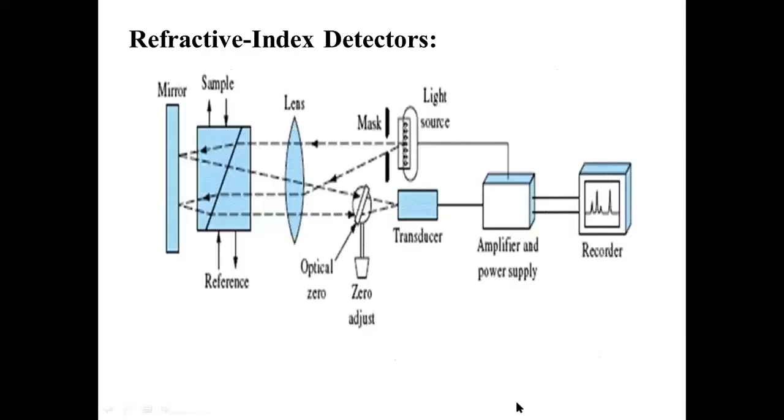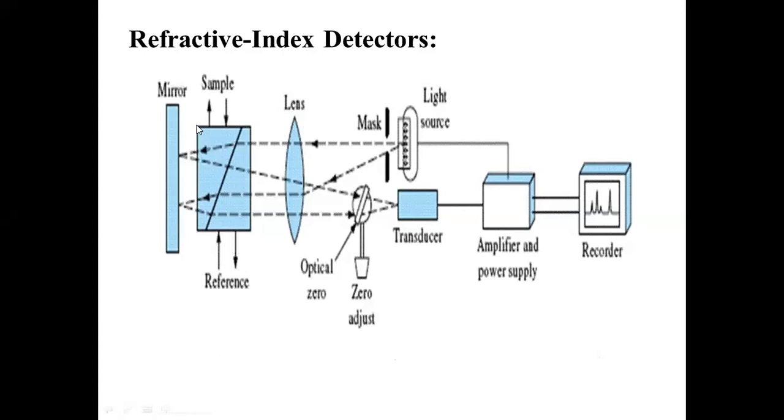This is an array of assembling components of refractive index detectors, in which a compartment is of prime importance. This compartment is divided into two equal halves, either diagonally or in another way. One half provides for the passing of the sample, and the other half provides for the passing of the reference or the free mobile phase.